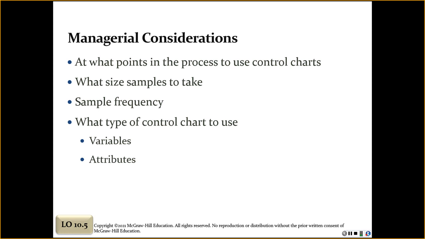In some instances, managers can choose between using a control chart for variables, which is also the mean chart, or they can use it for attributes, which is the P chart. You use the mean chart when a manager wants to monitor the diameter of a specific part, if you're putting some type of product together.